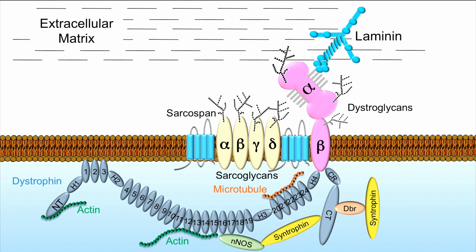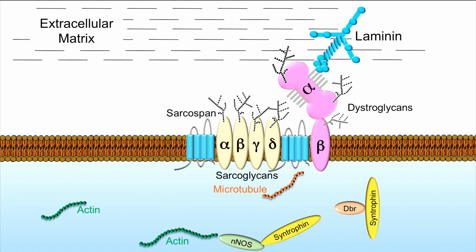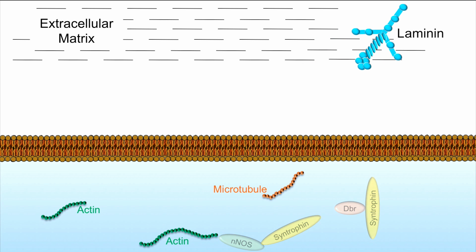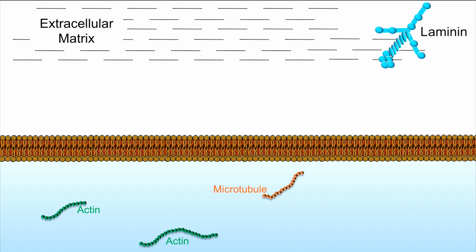So mutations in the dystrophin gene cause absence of dystrophin protein from the skeletal muscle membrane. The consequence of that is a loss of the entire dystrophin-associated glycoprotein complex. Laminin is not lost from the sarcolemma, but is not connected to the dystrophin glycoprotein complex.